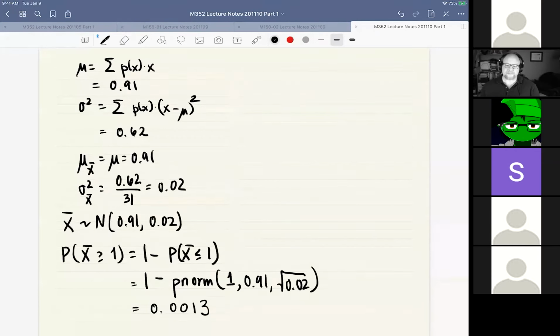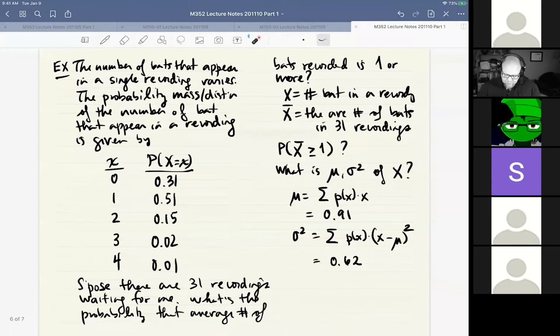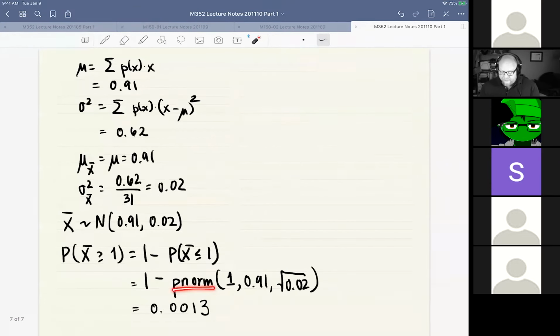So that's how we use the central limit theorem. Although I know something about the distribution of the counts of bats in my recordings, I don't use that when asking a question about the sample mean. Because my sample size is big enough, I can use the central limit theorem and a built-in function in R to do my calculation.